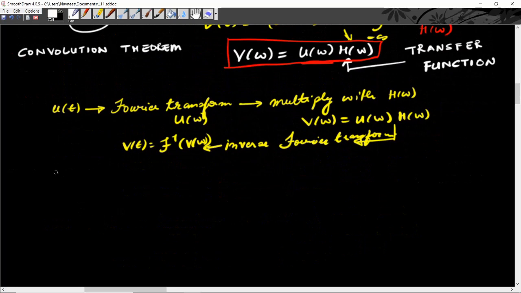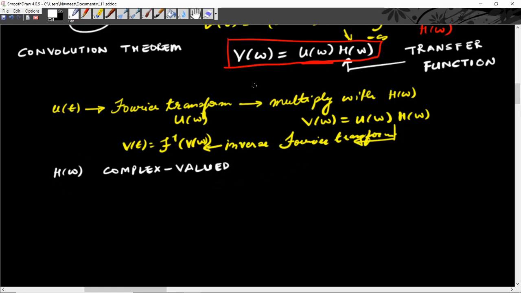However, in general, the transfer function is complex valued. So recall that the Fourier transform is real valued if the function in time domain is real valued and an even function. So in general, H of omega can be complex valued.